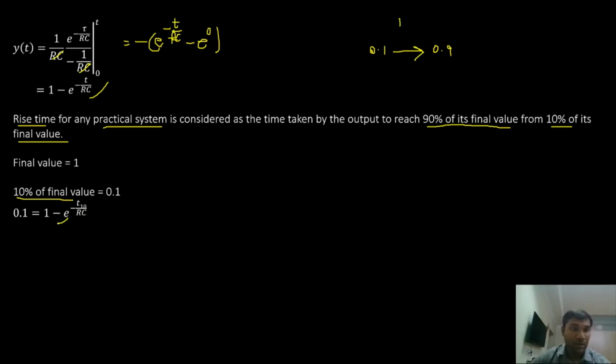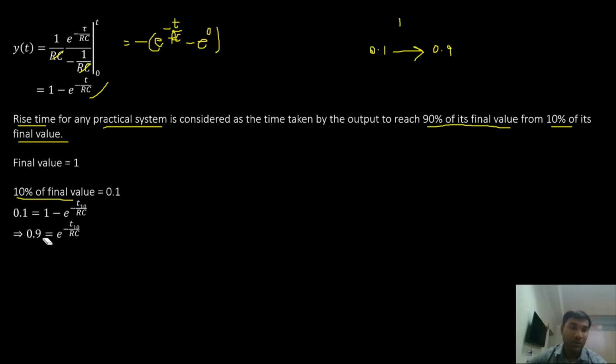Now I'll take my exponential term to the left side and my constant terms to the right side. Now what do I have? I have 0.9 equals e power minus t10 by RC.